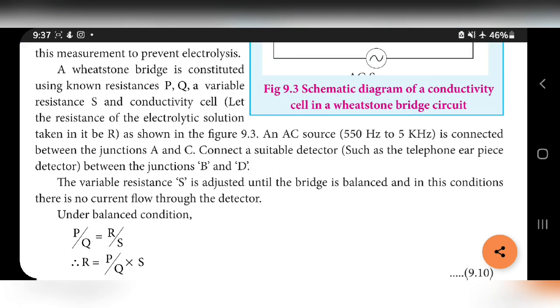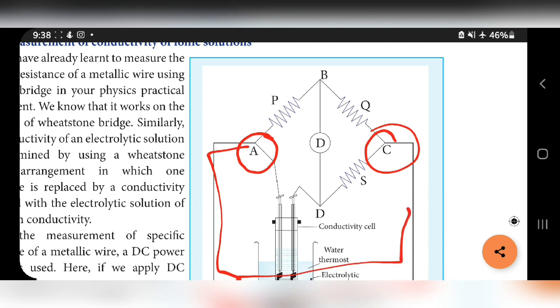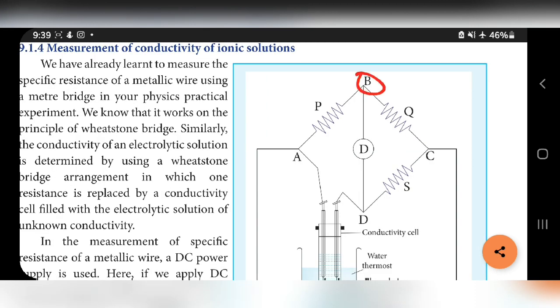Let the resistance of the electrolytic solution be R, as shown in the figure. An AC source of 550 Hz to 5 kHz is connected between the junctions A and C, and a suitable detector is connected between the junctions B and D.